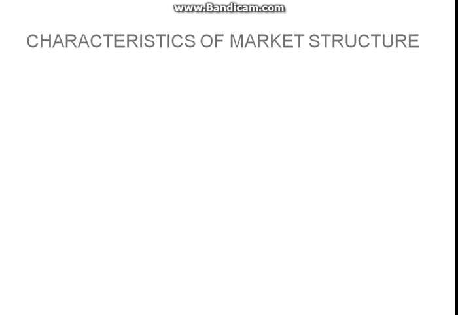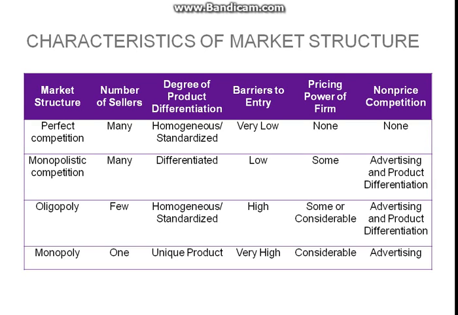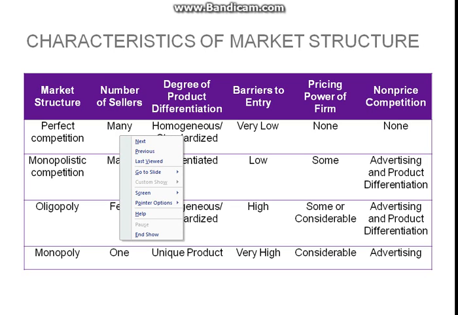Characteristics of market structures. Here is a table of these four market structures, showing how they differ from each other. In perfect competition, the number of sellers is many. Actually not many, it's huge, very huge. Let me correct it.